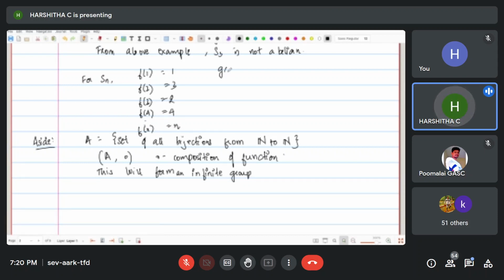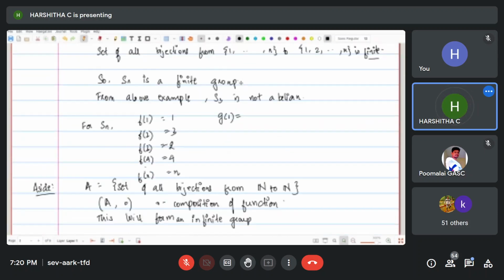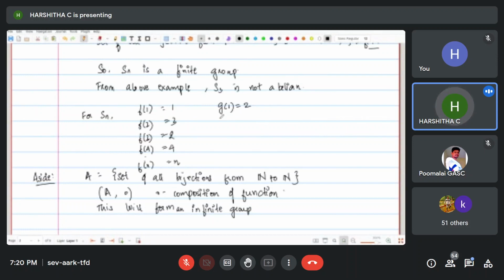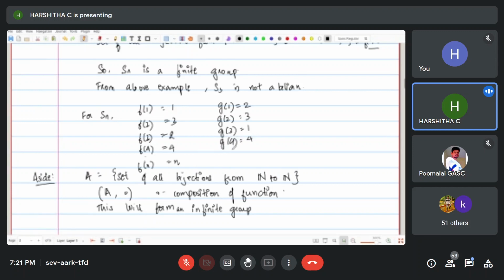And you take g of 1 is, we can just take whatever, 2, 3, 1, and so on. So you can see that f composite g will not be equal to g composite f.